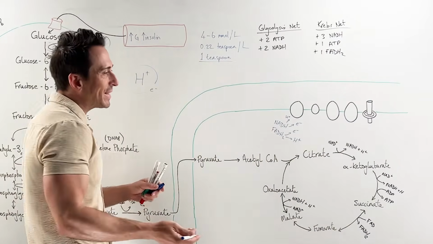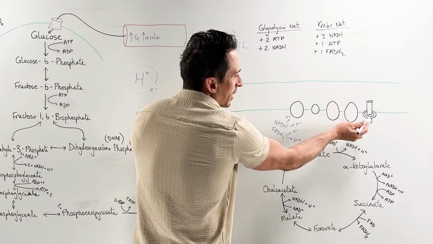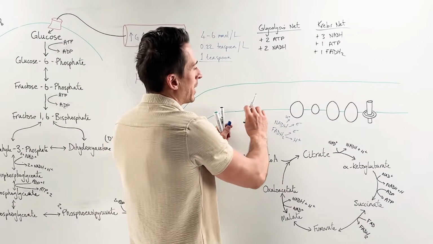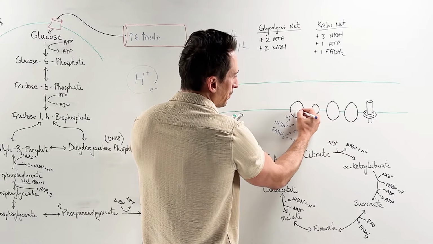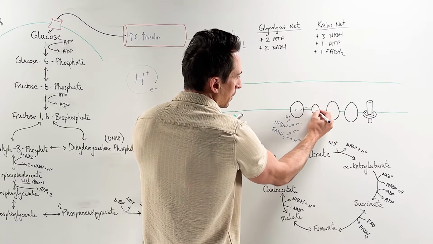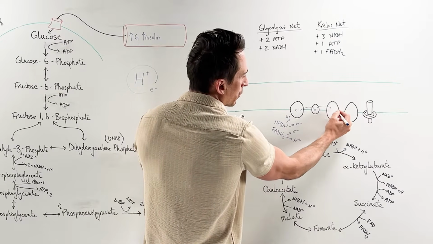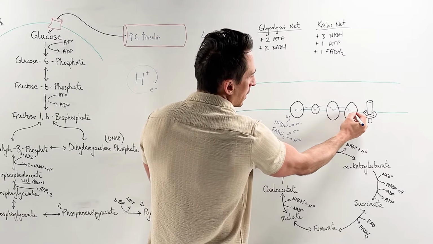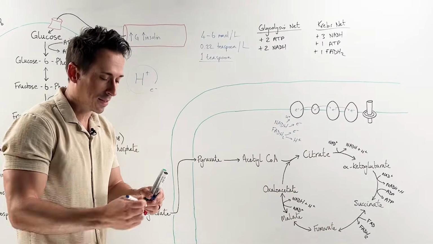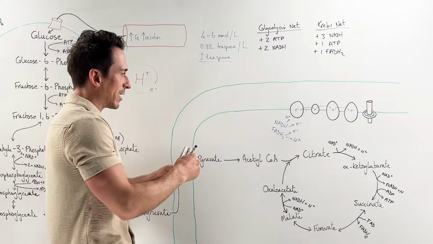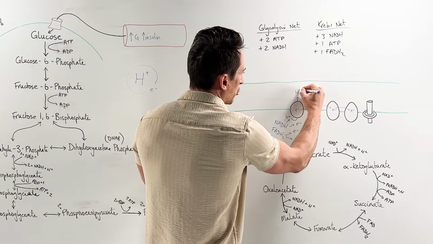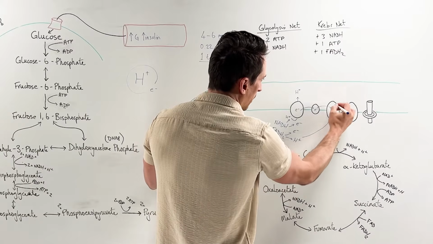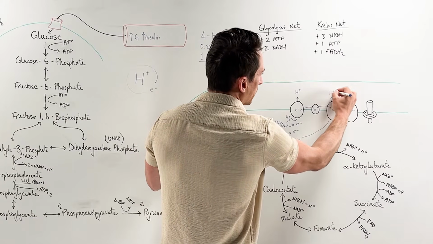Now, what this means is these proteins of the electron transport chain embedded in the inner membrane, they take the electrons and play hot potato. As you pass an electron from protein to protein, it excites these proteins. It excites them and allows them to take the hydrogen and pump the hydrogen up into this intermembrane space.